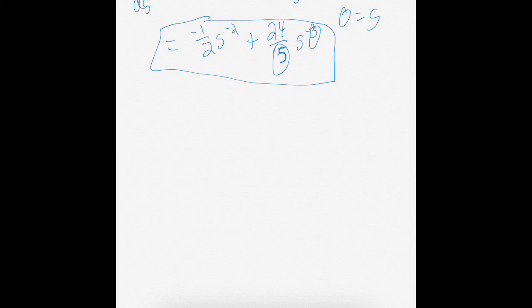Okay, but that's how we go about finding the first derivative. The second derivative, I think from here you should be in pretty good shape. So to find the second derivative, all that you do is take the derivative of the first derivative.